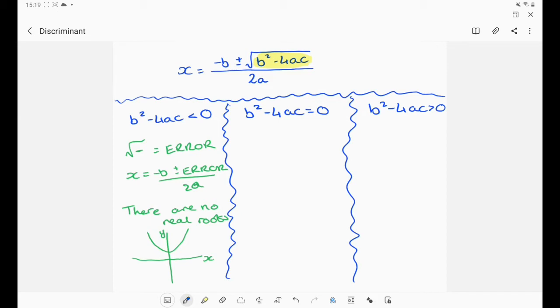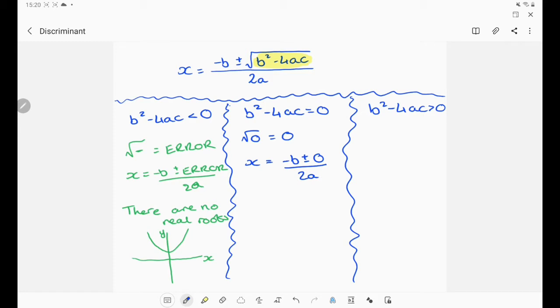Let's look at the second column. We've got b squared minus 4ac equals 0. That means we have the square root of 0, which would be 0. Again, if we have a look at it in the formula, we have x equals minus b plus or minus 0 all over 2a.